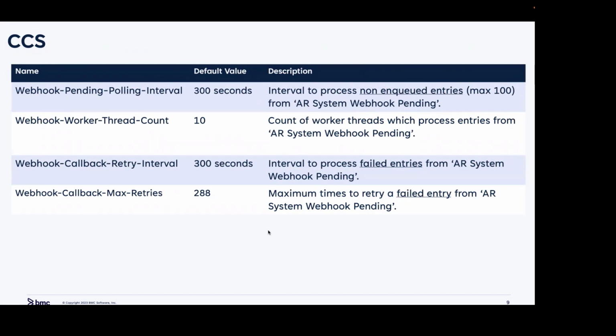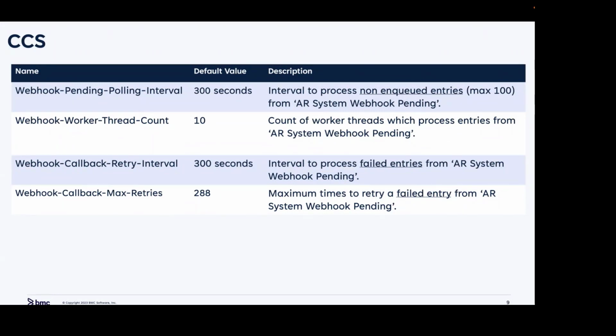These are certain CCS parameters that are in play whenever the webhook gets executed. Webhook pending polling interval is one of the CCS. This is basically used to decide how frequently to read this particular AR system webhook pending form. If the entry gets created in this form by the corresponding filter, the filter also sends a message to the webhook module.